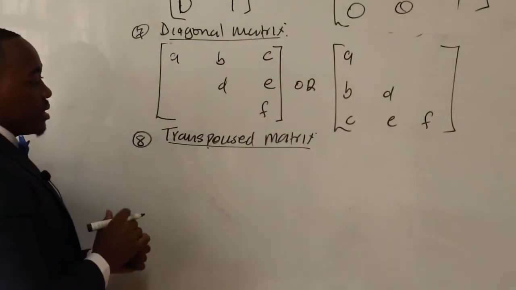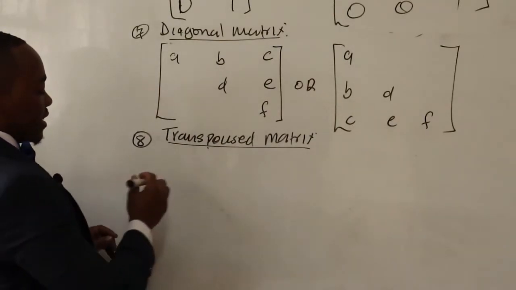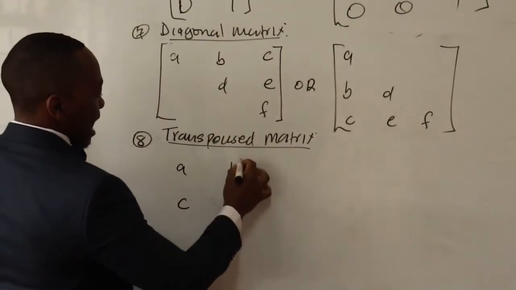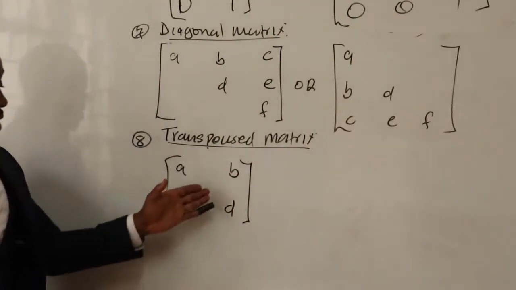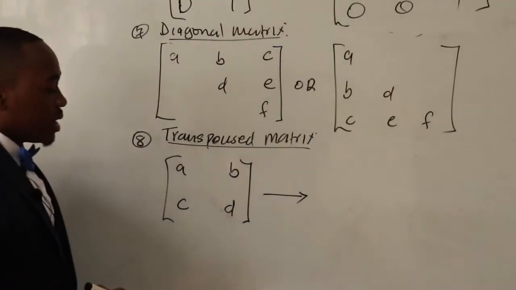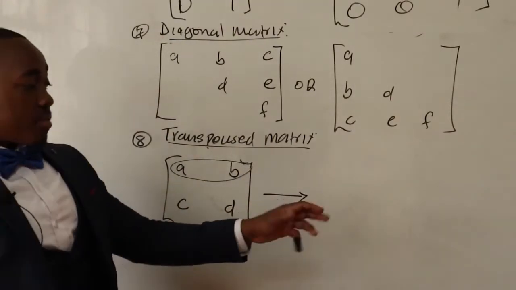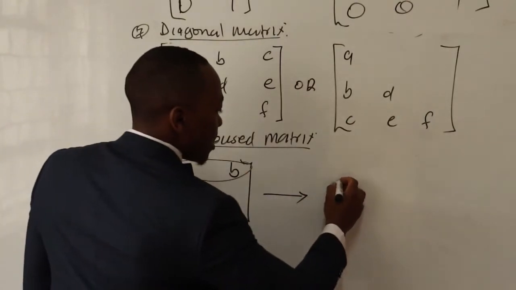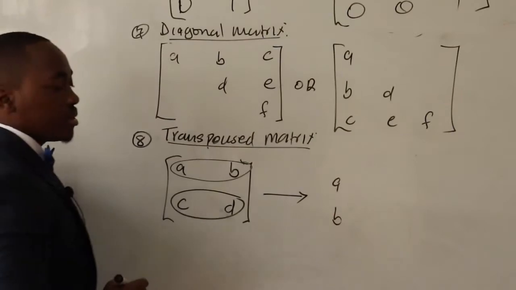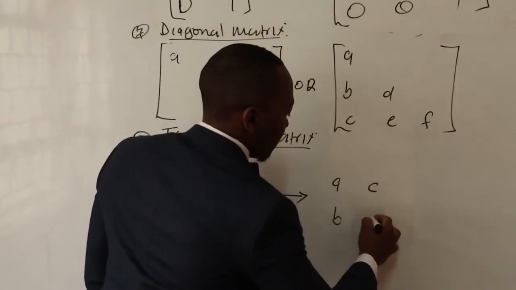For example, assuming you have A, B, C, D as the matrix, let's transpose that. The first row becomes the first column of the other matrix. So here we have A, B, and then the second row, when transposed, becomes the second column. So you'll have C, D.